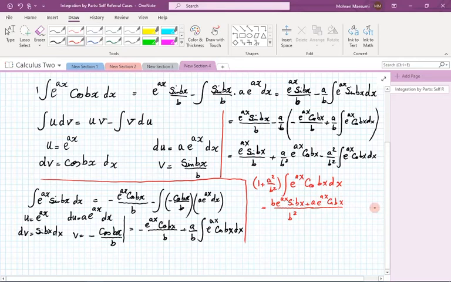I'm going to take care of my constant after I'm all done. Any indefinite integral is going to have a constant. I am going to put that at the very end.